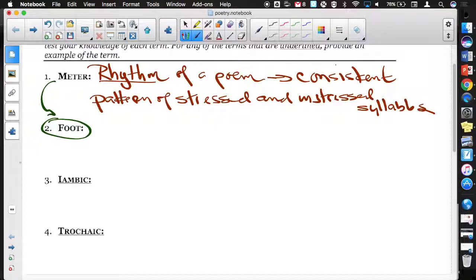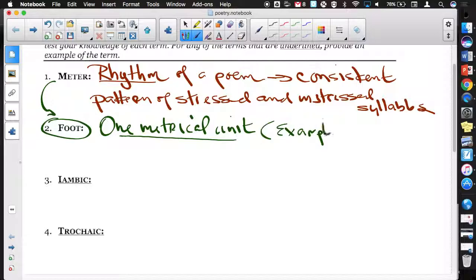Foot's a type of, relates to meter. All that a foot is, and we'll use the term feet along with it, a foot is just going to be one metrical unit. So where it talks about this pattern of stressed and unstressed syllables, a foot is just one metrical unit where you are going to have examples of types of feet in numbers 3, 4, 5, 6, and 7. So when it comes to what's a foot, iambic is going to be an example, trochaic is going to be an example, so on and so forth.